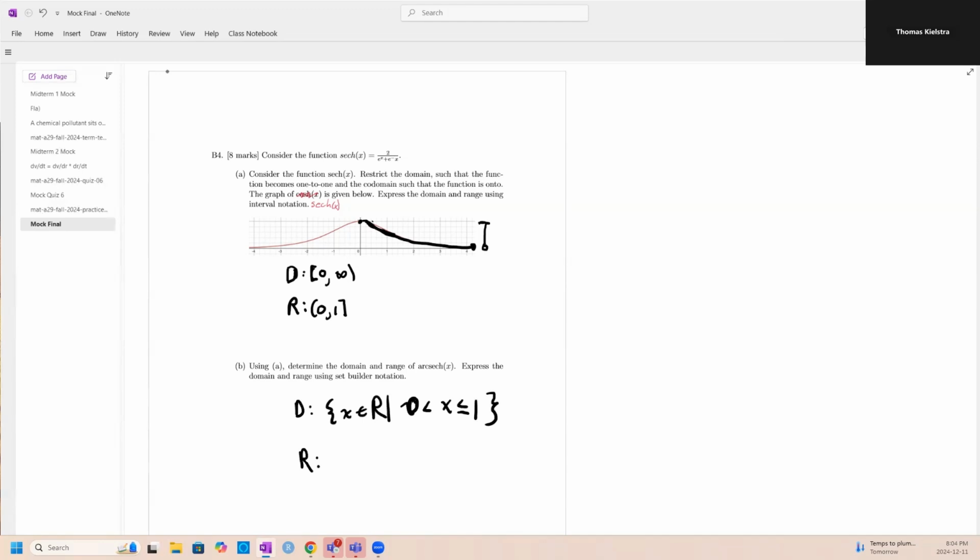And the range is the set of y in R, with 2 little lines to make it the real numbers, such that y is greater than or equal to 0. And that is the domain and range of the inverse function, because the range of the original function becomes the domain of the inverse, and the domain of the original becomes the range of the inverse.